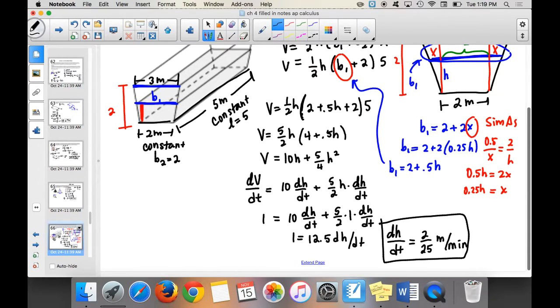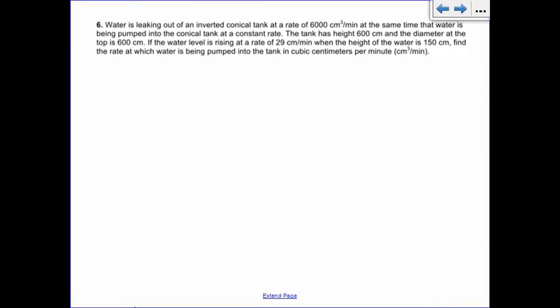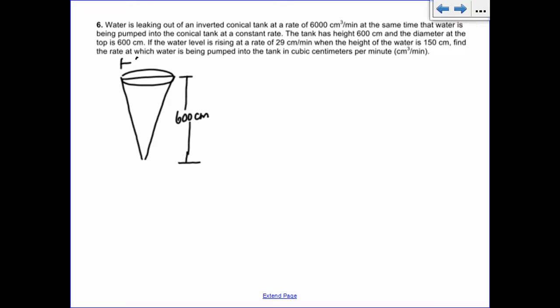Okay, you can have one like that on your homework. We could do this one. So water is leaking out of an inverted conical tank at a rate of 6,000 centimeters cubed per minute. At the same time, the water is being pumped into the conical tank at a constant rate. So it's an inverted cone, right? The tank has a height of 600 centimeters. And the diameter, oh, I always draw these wrong, is also 600 centimeters.